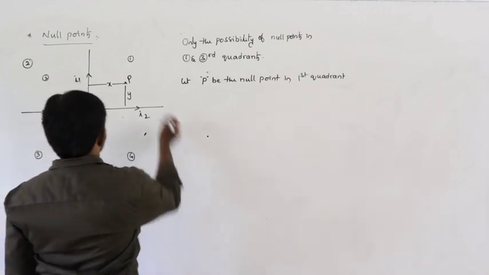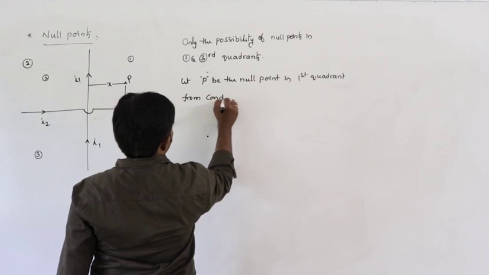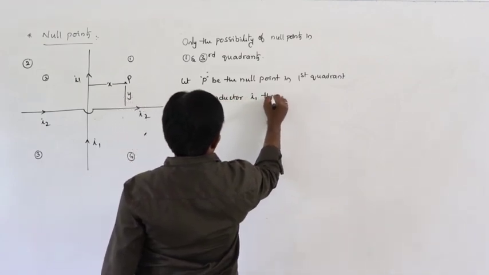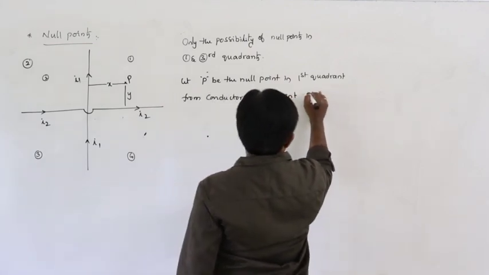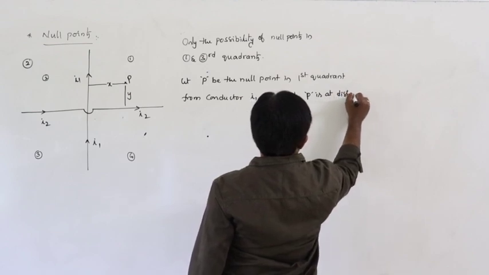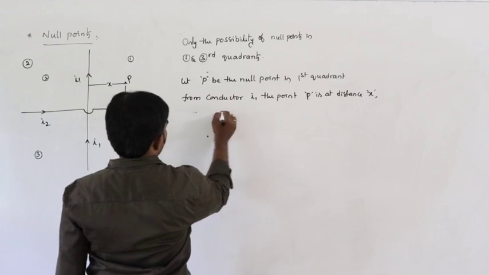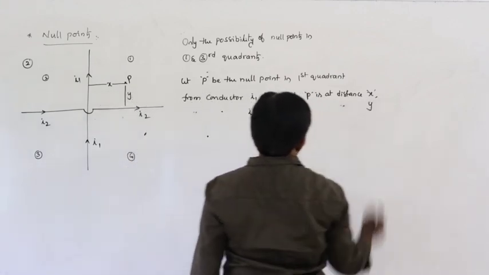Then from conductor I1, the point P is at a distance x, and from conductor I2, the point P is at a distance y.